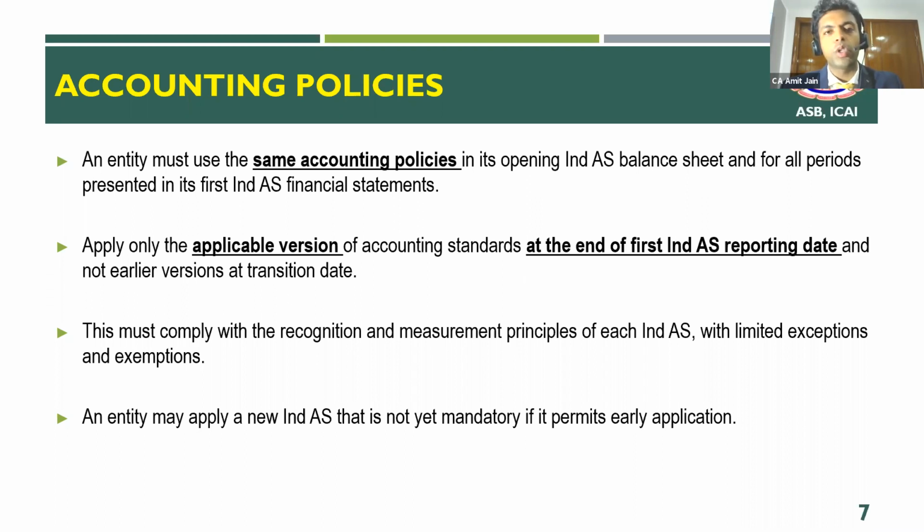It cannot be that the company uses different accounting policies on the opening date and comparative date, but a different accounting policy on the final balance sheet date. That cannot be possible. So the company has to use the same accounting policy across the 3 periods so that the periods remain comparable. Right? That's a very, very important aspect which every company has to take care of.